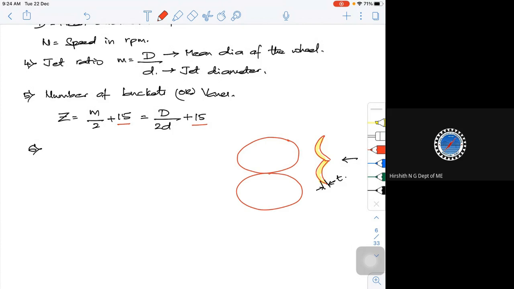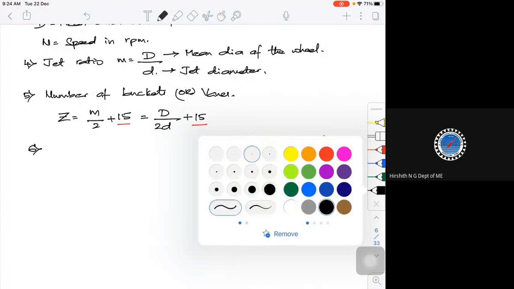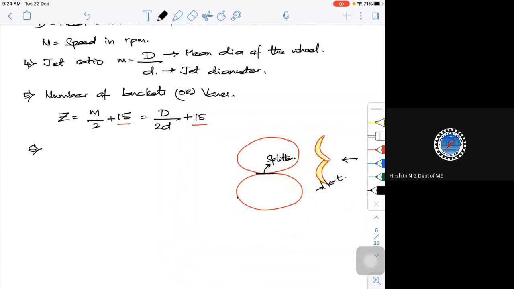Now what is this particular thing? This is your splitter. Now let us put the dimensions. This will be your length L, and this will be your width B or W, whatever it may be.